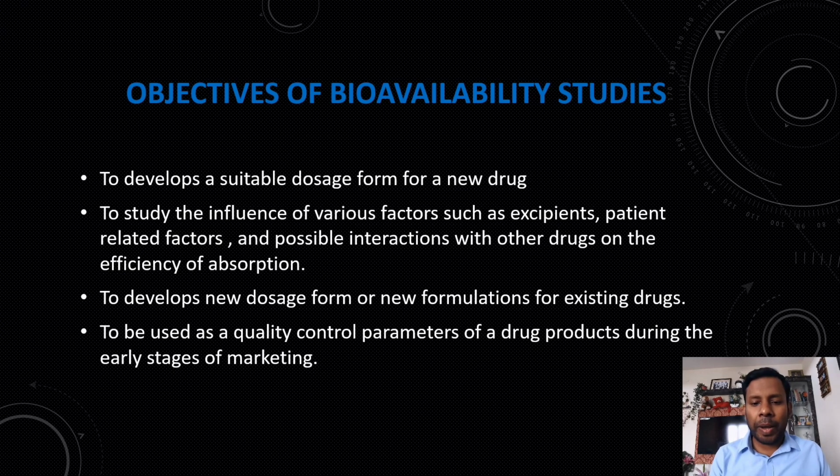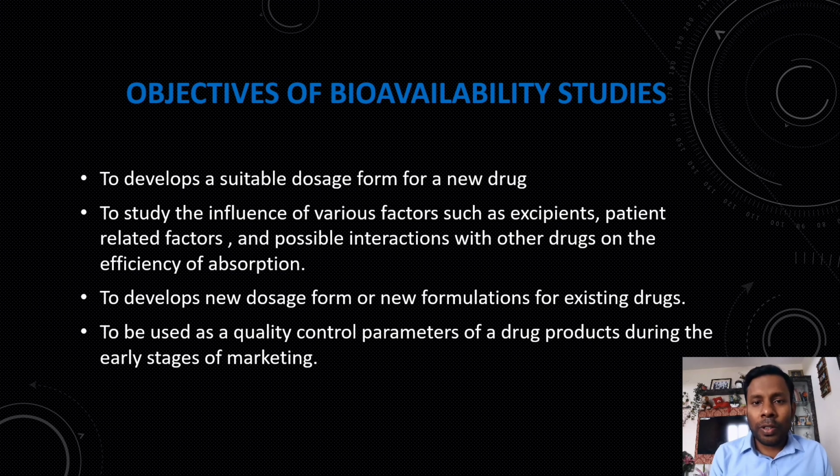Objectives of bioavailability studies. First point, to develop a suitable dosage form for a new drug. When a new drug is there, its physicochemical properties are unknown to us. So which dosage form will be best for that particular drug? In that estimation, bioavailability plays an important role.